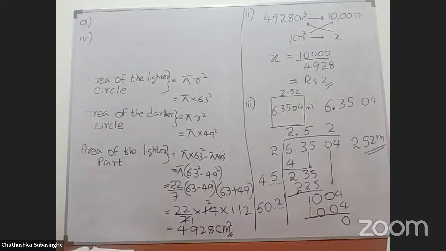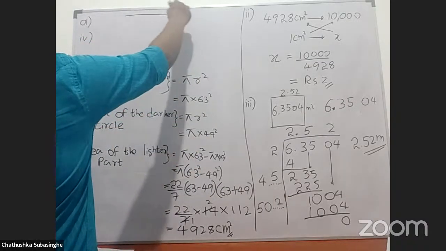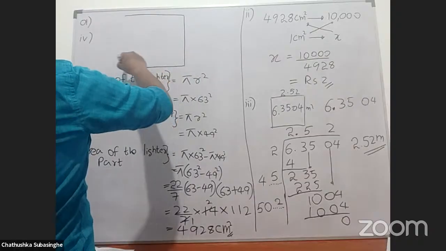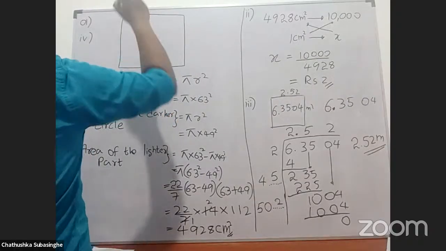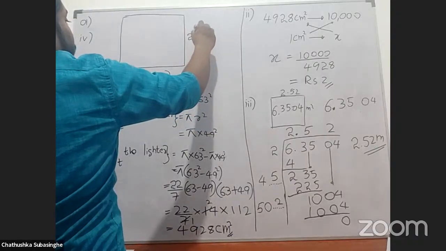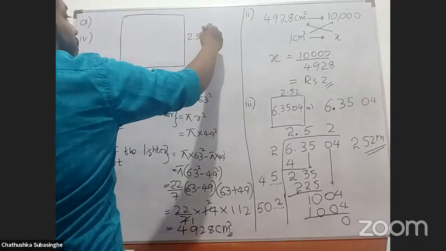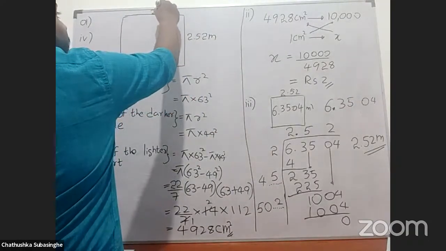So we have to roughly draw it. It's a square-shaped space, and the side length is 2.52 meters. And here also 2.52 meters.